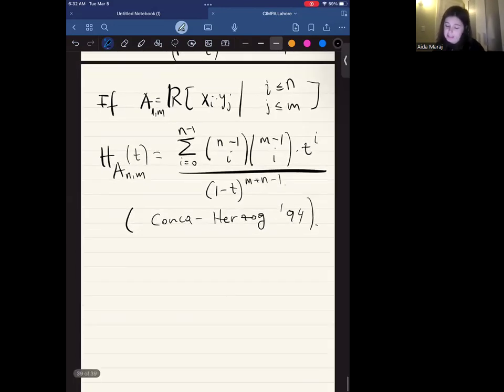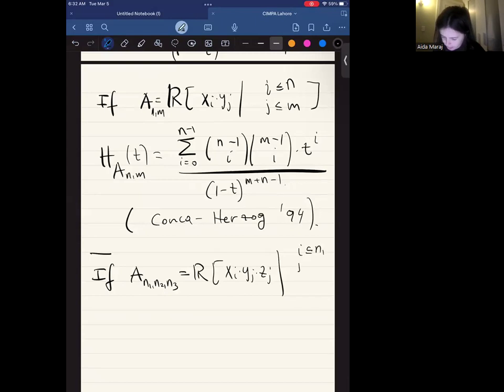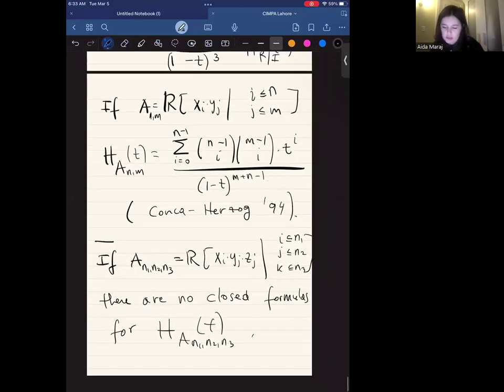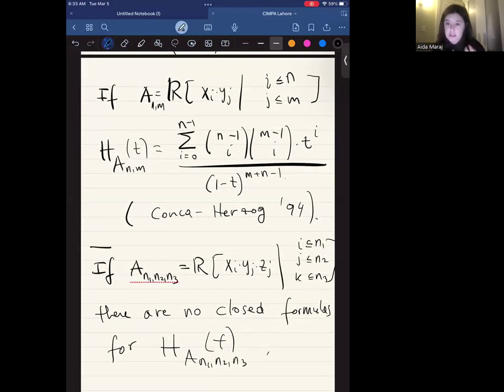But the problem is that if I take A with N1, N2, N3, which is like R of x_i, y_j, and z_k, where i less or equal to N1, j less or equal to N2, and k less or equal to N3, then there are no closed formulas for H of A, N1, N2, N3 of T. The theorem I said earlier says that yes, there should be a rational form of the Hilbert series, but we cannot compute it.